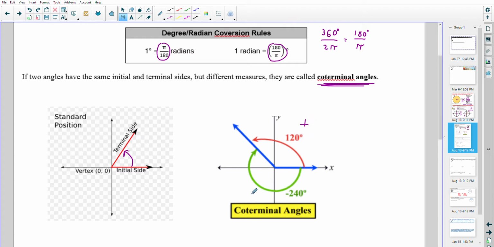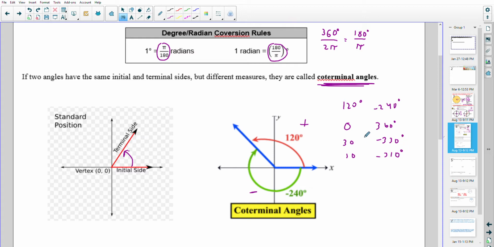When you go clockwise, it's actually negative. So the coterminal angles, 120 degrees and negative 240 degrees, are a coterminal pair. You could also have 0 and 360, or even 30 and negative 330, 10 and negative 310.